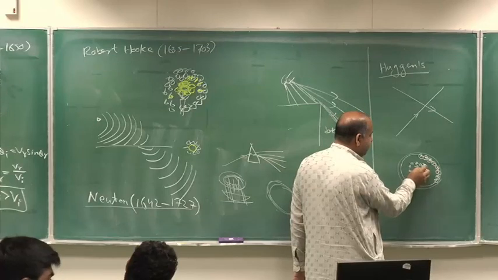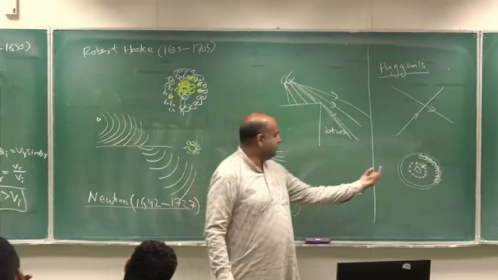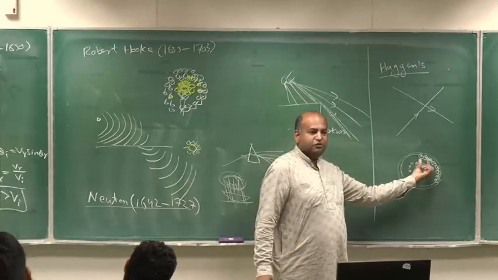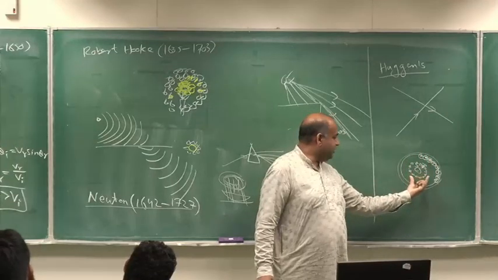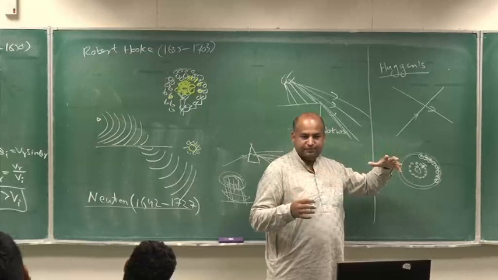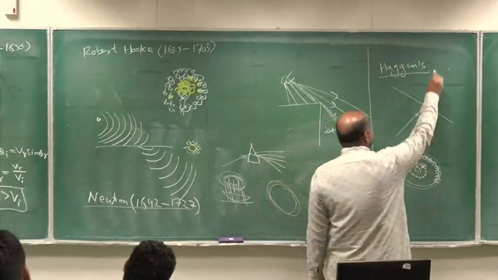Logically, these vibrating particles should produce vibrations in all particles around them. So it means this is a source of another spherical wave. And assuming this, he laboriously proved that this is how the wave can propagate. So this is what we call Huygens principle.